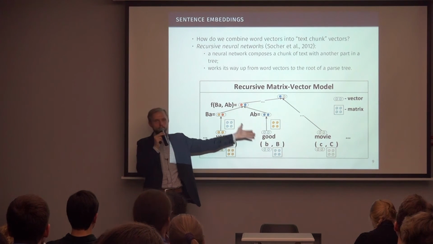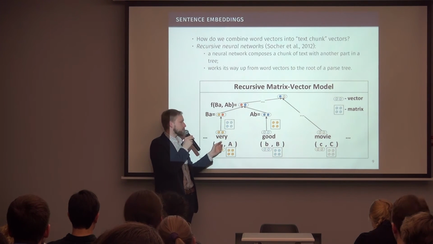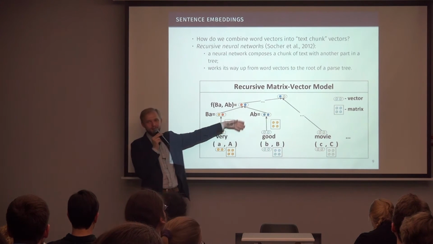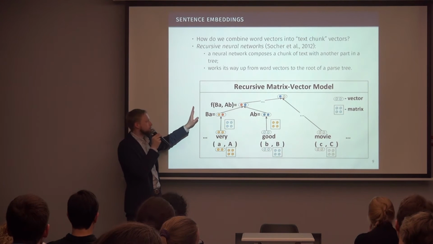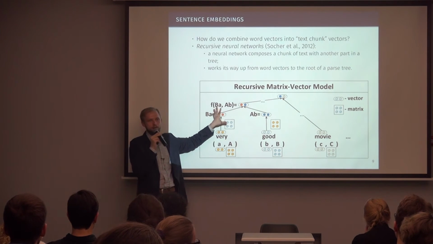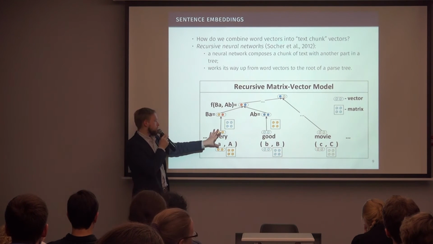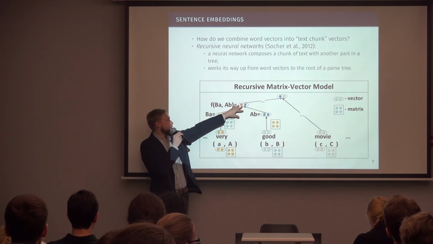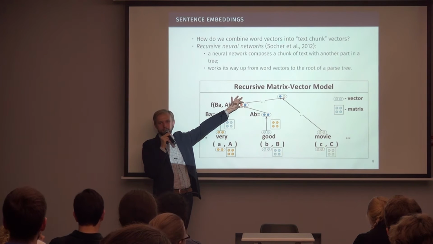There are some technicalities here, like for every word we have a vector and a matrix, and we multiply the matrix by the other vector and the other matrix by the first vector. But let's just not go into that. Basically, the idea is that we have a single unified function that takes word representations and composes them into the same representation for the node up the parse tree.